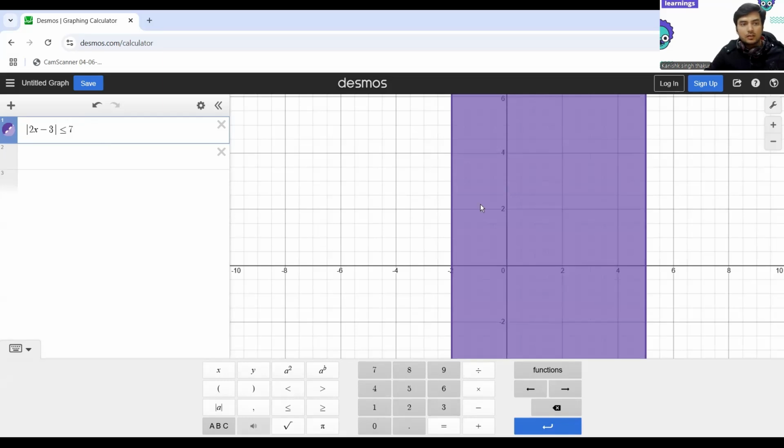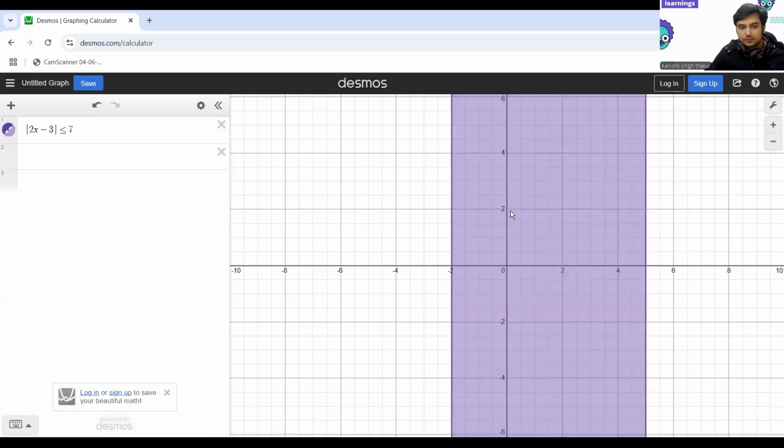Right, so this is the graph of mod of 2x minus 3 is lesser than equal to 7. This is the inequality it is representing, and you can see where the solution is lying. It is lying between minus 2 comma 0 to 5 comma 0, as you can see here.